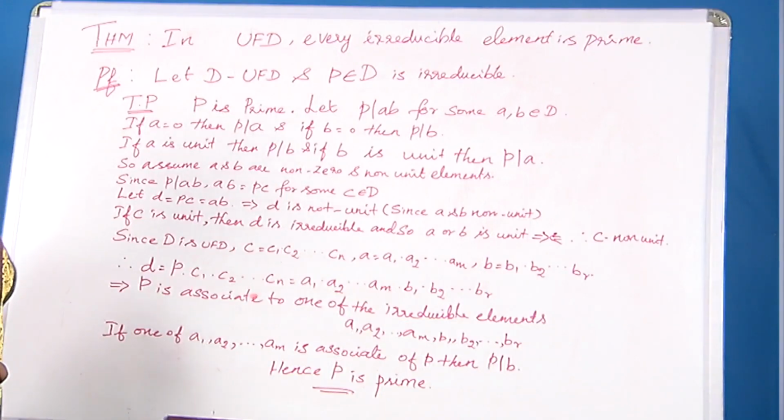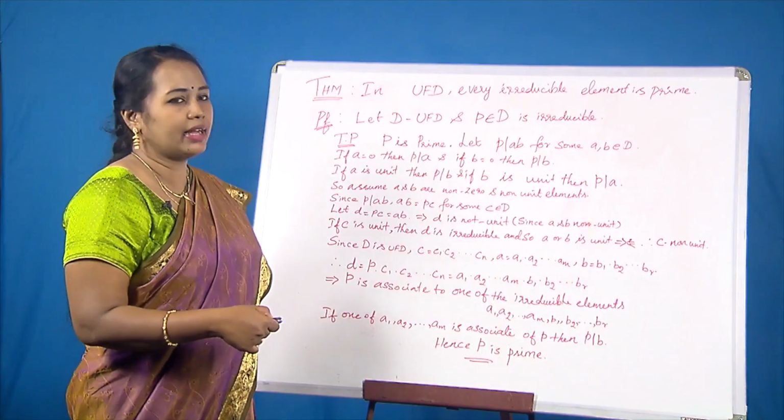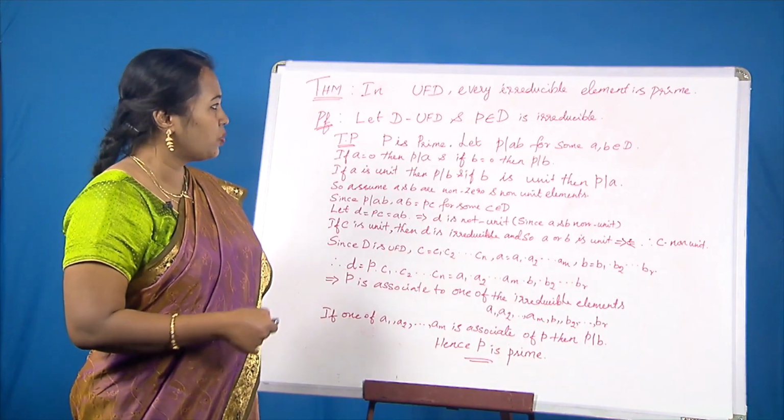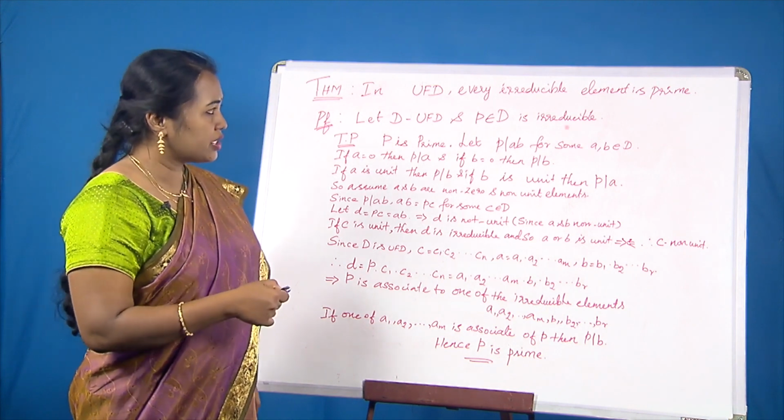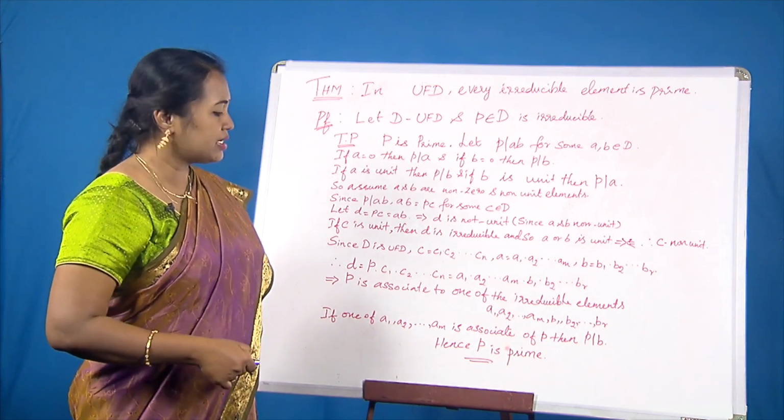And if P is an associate of one of the irreducible elements, let us say A1, A2, so on up to Am, then obviously, P will divide B, because B1, B2, so on up to Br is equal to B. Suppose P is an associate of one of these irreducible elements B1, B2, so on up to Br, then P should divide A. So, in both cases, we have now shown that if P divides AB, P divides either A or P divides B, thereby proving that P can only be a prime element. So, we started with P being an irreducible element, and we have proved that P is prime.